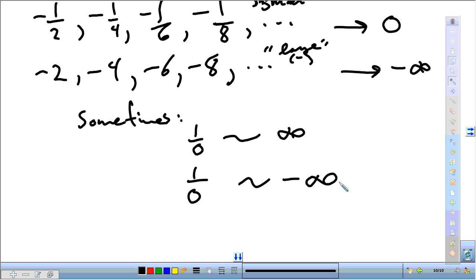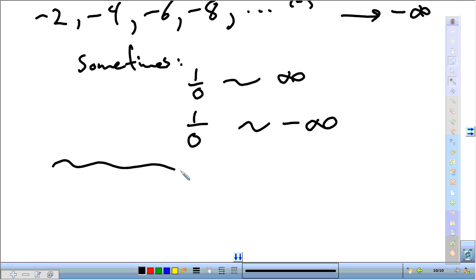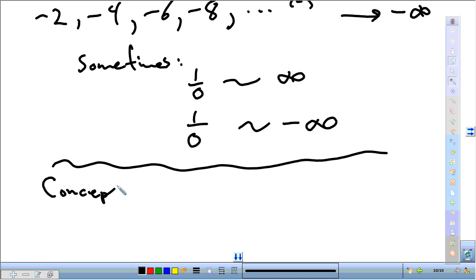So these are very far apart, so we can't assign a single concept to 1 over 0. But those two cases are very distinct. And so we're going to get around that.